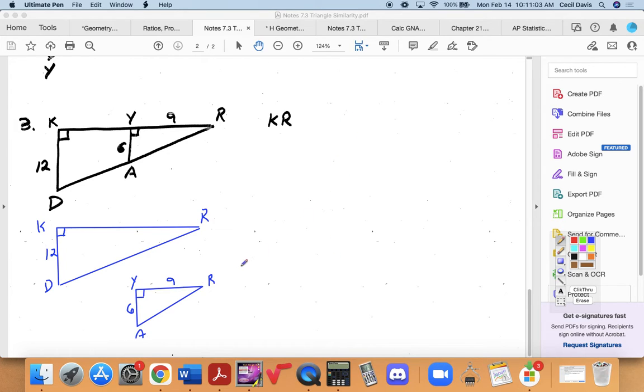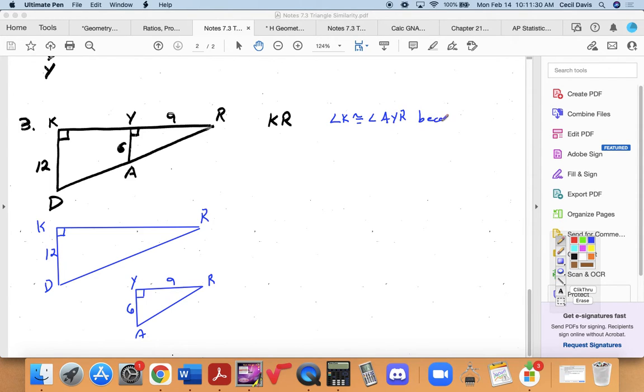Okay, DKY and AY. Yeah, you can call this angle K because there's only one angle at K in the original, but don't call it angle Y because there's more than one angle with a vertex at Y in the original. So we can say that angle K is congruent to angle AYR or RYA, doesn't matter.